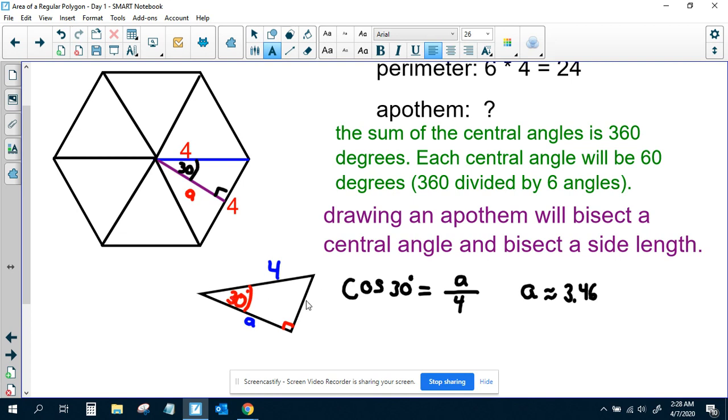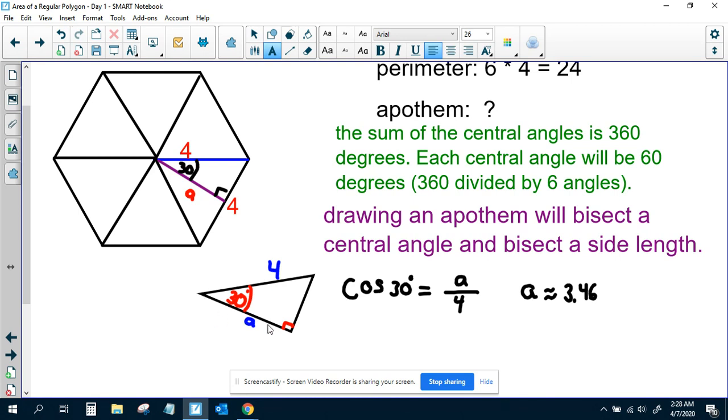Well, this is a right triangle, because that apothem is perpendicular to the side length. So we have this right triangle, so that means we can use our trig functions. Well, if we're looking for A, from the perspective of our 30-degree angle, this is the adjacent side, and the 4, that leg right there, that is our hypotenuse.